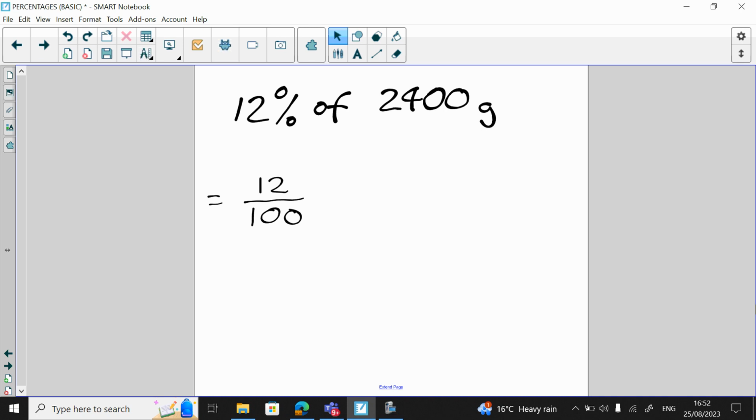The "of", I'm going to bring that down because it's really a times. And then the part at the end, the 2,400 G or grams, bring it down. Next thing I'm going to do is take that fraction and turn it into a divide: 12 divided by 100.